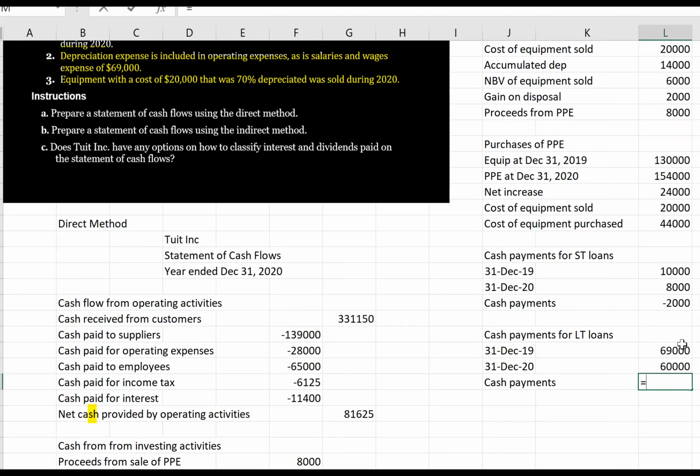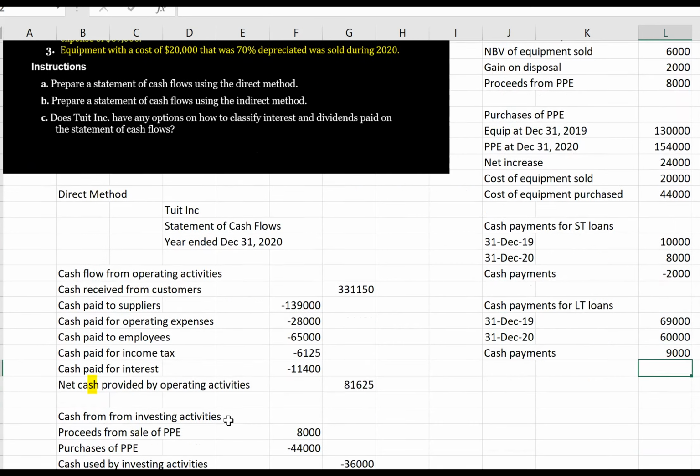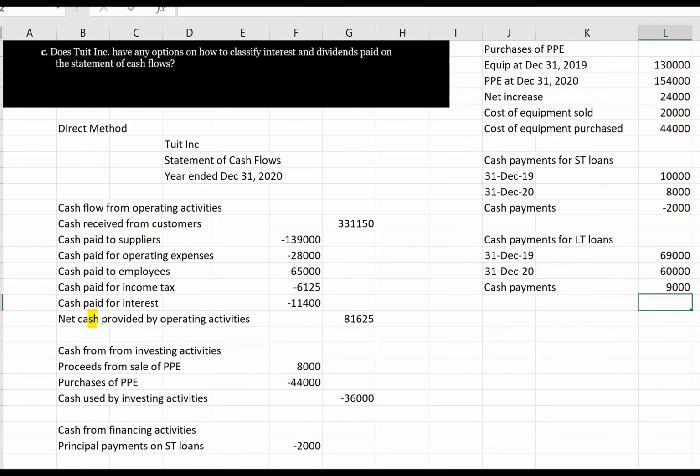That means the cash payments must be 9,000. So we're going to have principal payments on long-term loans payable of 9,000.